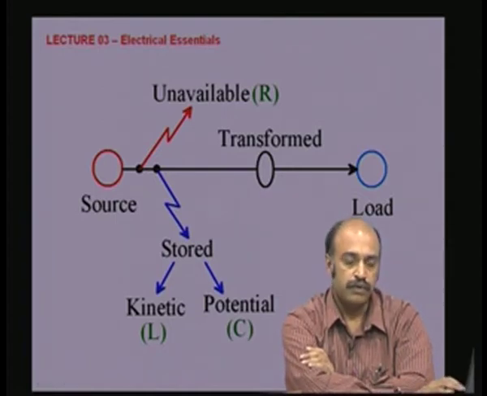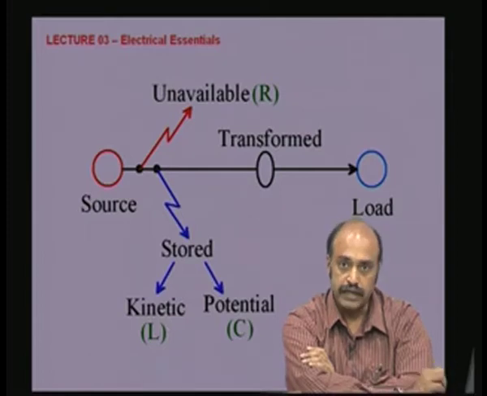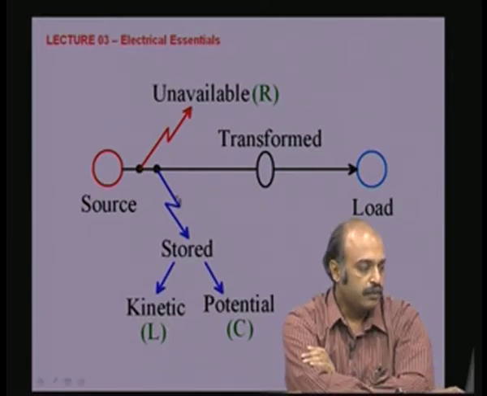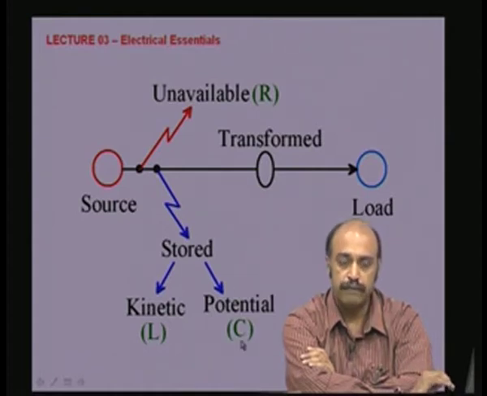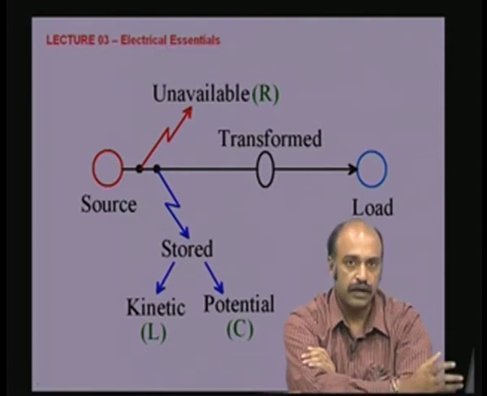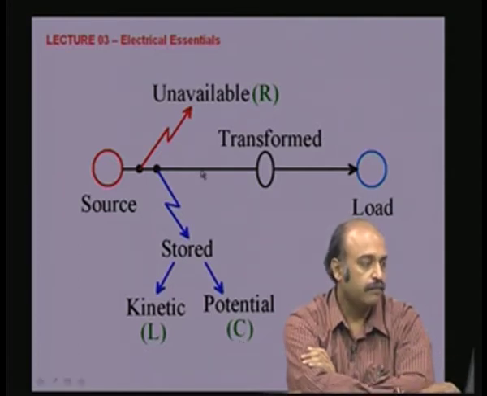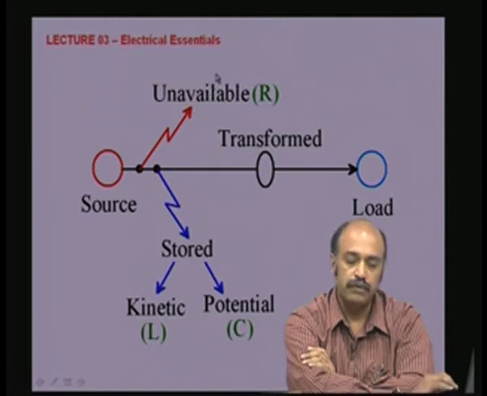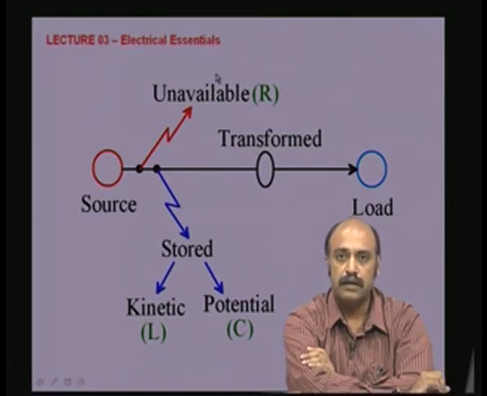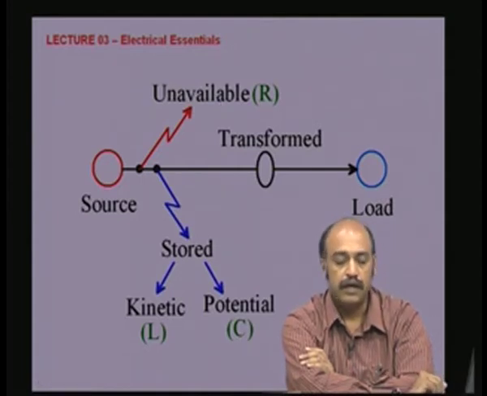So, when energy flows from source to the load, there are a few things that happen to it. Some portion of it will get stored. It will get stored as kinetic energy. It will also get stored as potential energy, whichever be the domain, electrical or mechanical or any other domain. And some of the portion will get dissipated in the dissipative components like the resistor in the electrical domain.